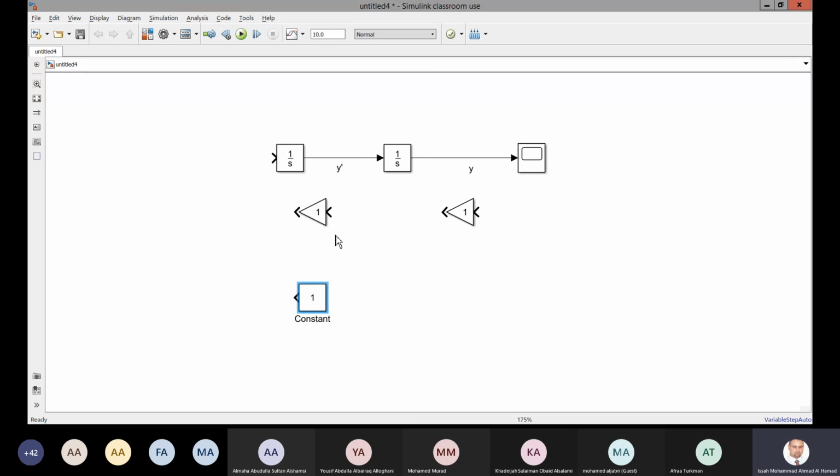The first gain will be taken from y prime, branch from y prime. The second gain will take from y.